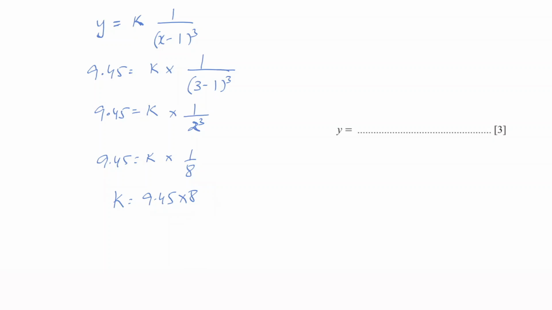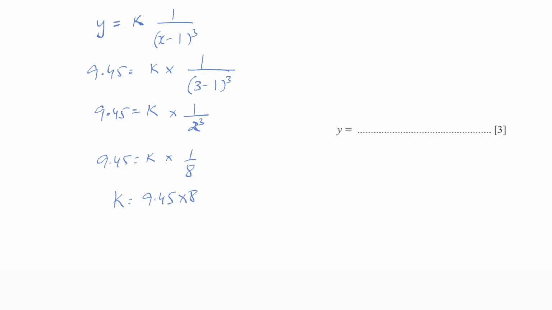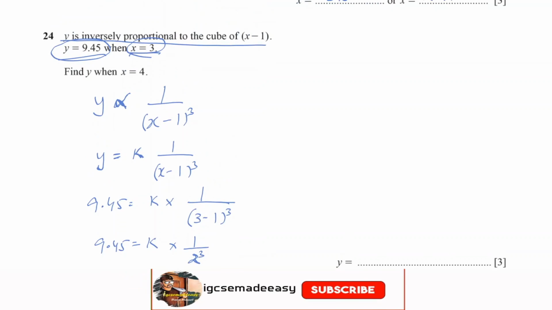Let's first use a calculator to calculate it. 9.45 times 8 is the value of k, that is equal to 75.6. So 75.6 is the value of k. We will use this value of k to find out the value of y.